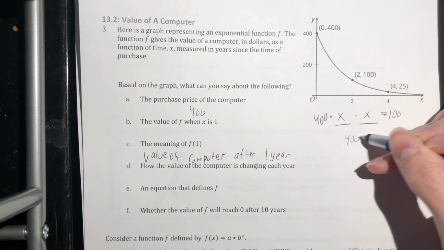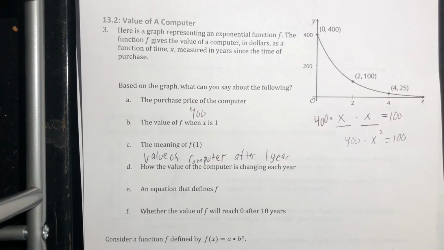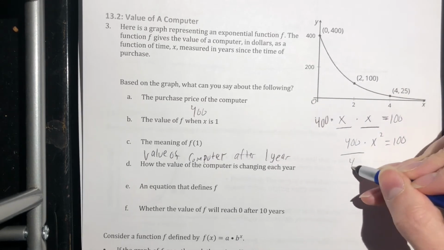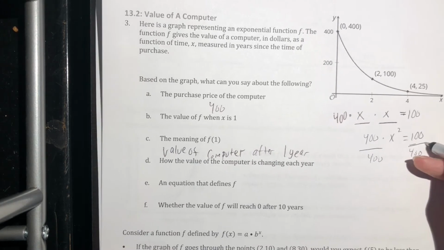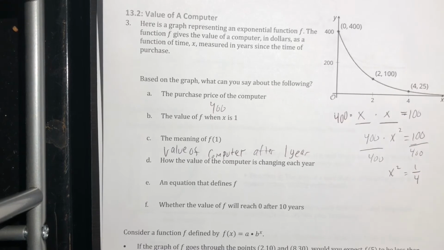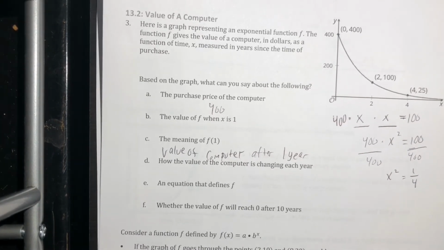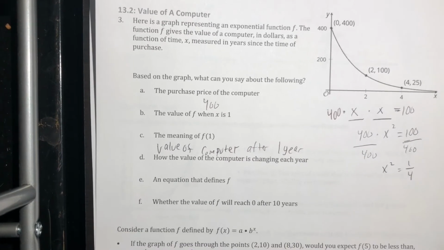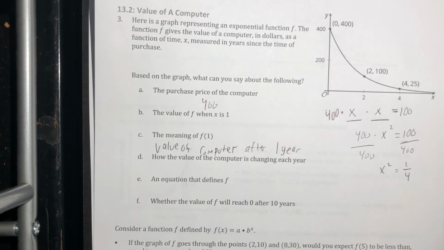So 400 times some number squared gets me 100. So I'm solving for x, I can divide by 400. That's not really the scary part. And x squared is 1 over 4. Okay, so I don't know what times itself gets me 1/4, or maybe I do. But that's one thing we can think about: what times itself gets me 1/4.